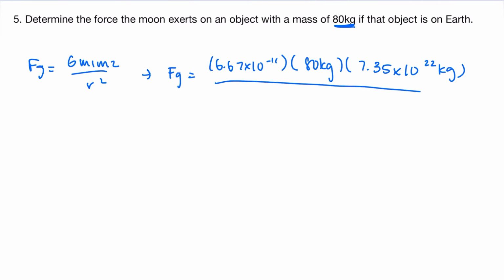And that's all over the distance between the Earth and the moon, which is 3.84 times 10 to the 8th, squared. Now, once we solve this out, we're going to get an Fg of 0.0027 newtons.